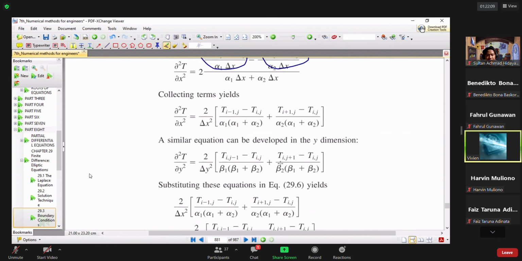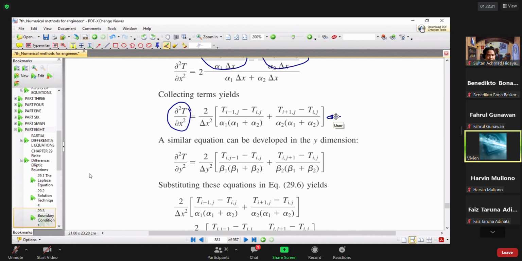Now we have del squared T del x squared, the second derivative, calculated as this. This is the second derivative based on that calculation.